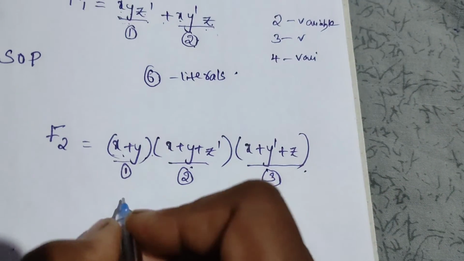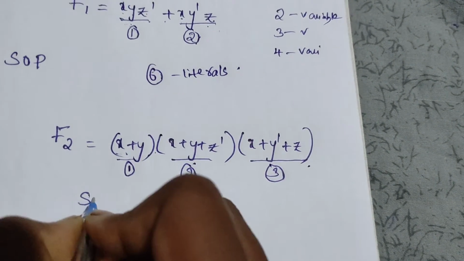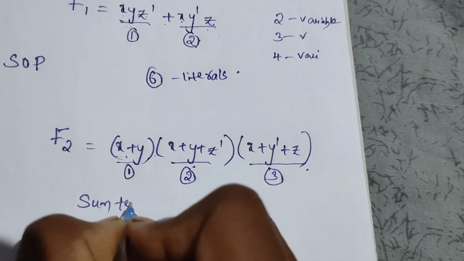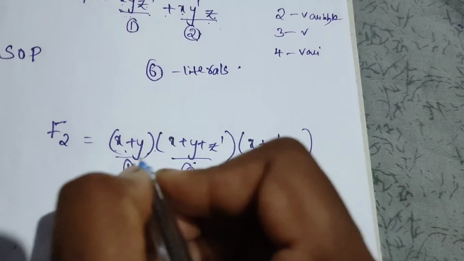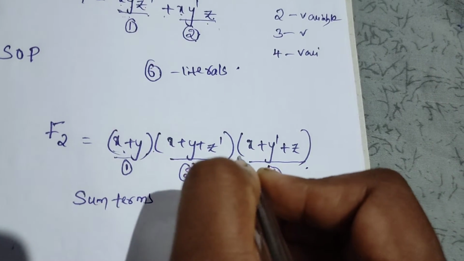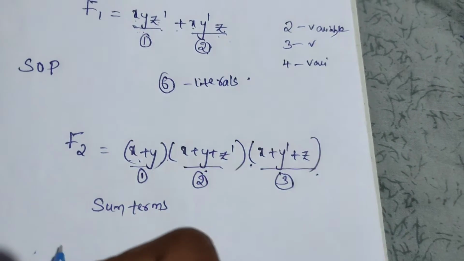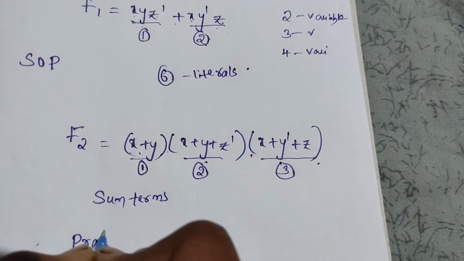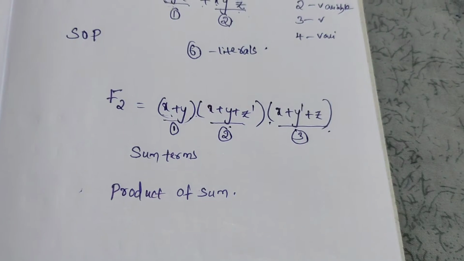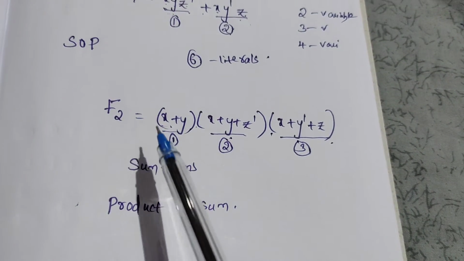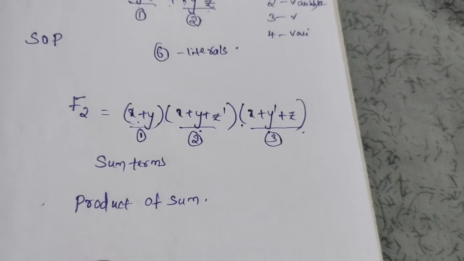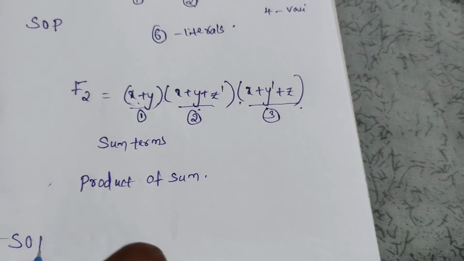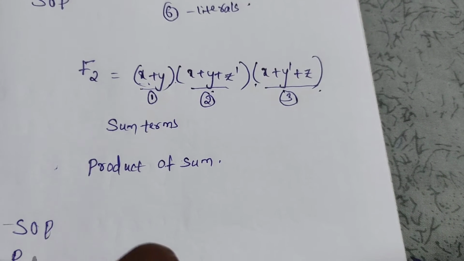These are known as sum terms. These sum terms are multiplied, or producted, so it is in the form of product of sums. So in a Boolean function, the literals can be arranged in sum of products or product of sums.